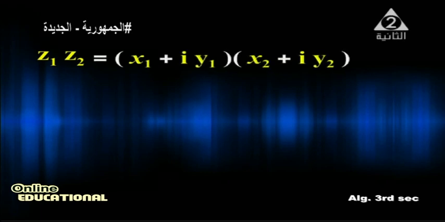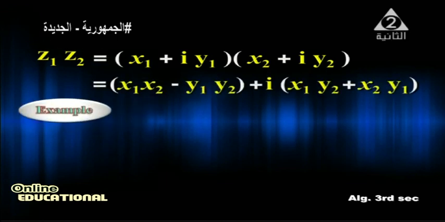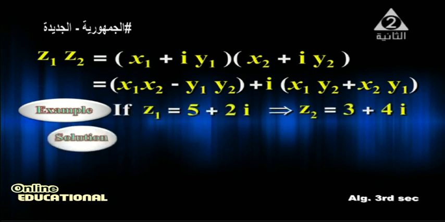When we multiply Z1 by Z2, complex with complex, we have more than one method. First times first, second times second, means times means, extremes times extremes, or we expand x1 multiplied by the second bracket plus y1 multiplied by the second bracket and add the like terms. In this example, Z1 equals 5 plus 2i, Z2 equals 3 plus 4i. What is Z1 Z2?